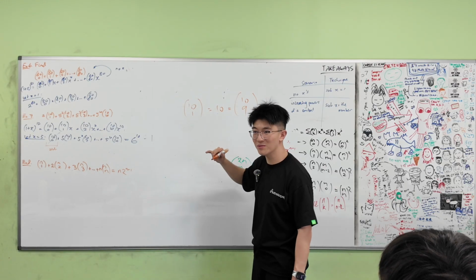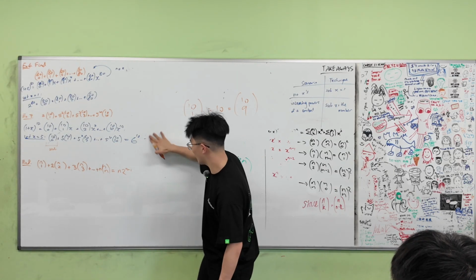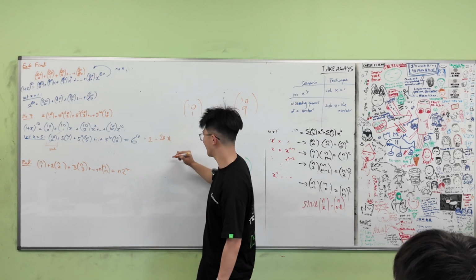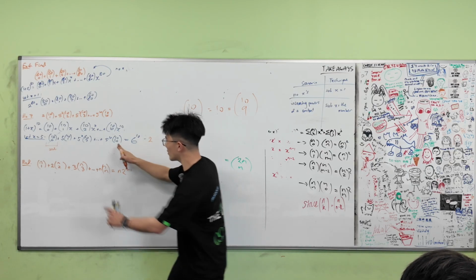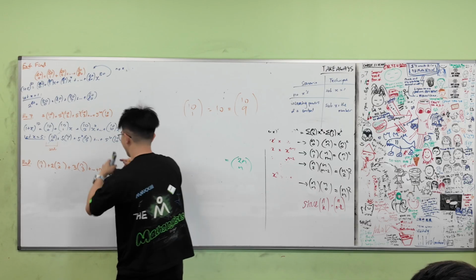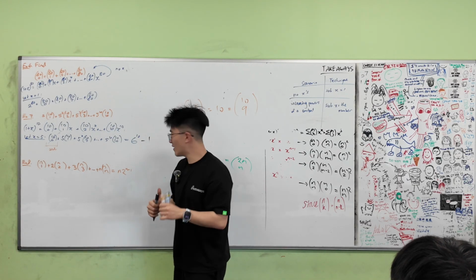Good. So sometimes I might take away 20x. All right, you get the idea. It's okay. I'll just do this one for now. All good? All right, nice.